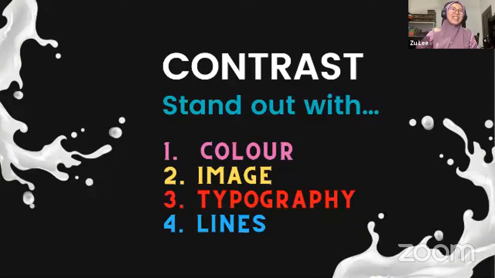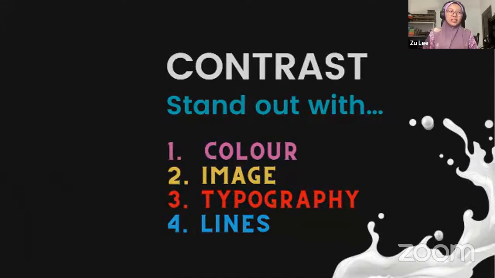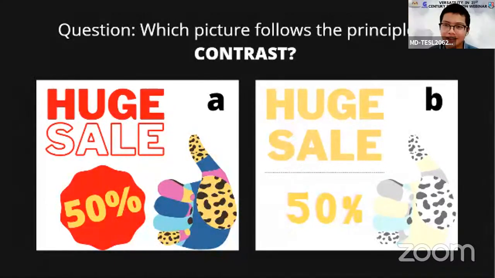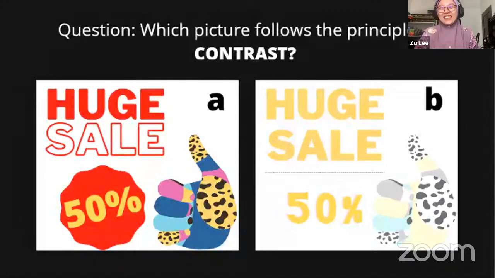And here's an exercise. Question. Which picture follows the principle of contrast? Picture A or picture B? What do you think, Nazhan? Well, honestly, it's A, obviously, because we can make out the pictures much more clearly. Yes, it's very obvious.